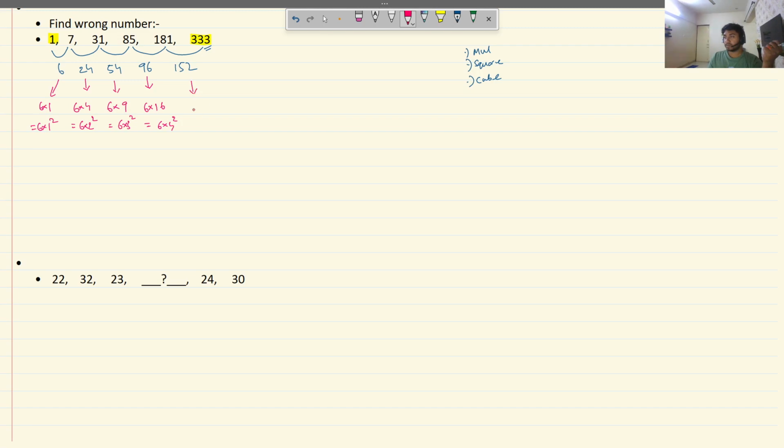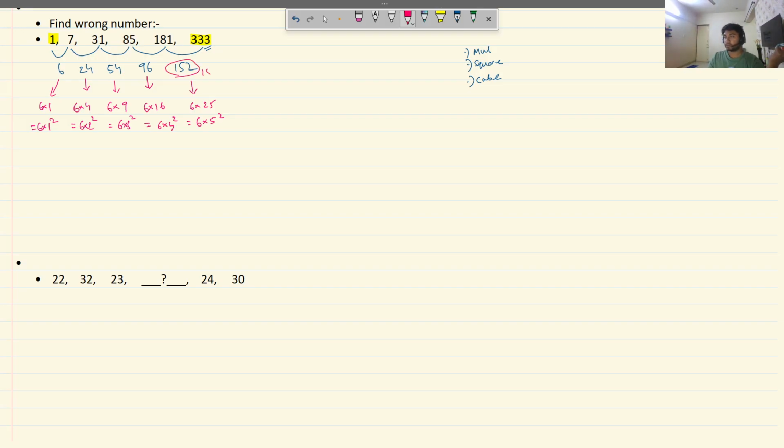So this must be 6 into 5 square. 5 square is 25. 25 into 6 is 150.